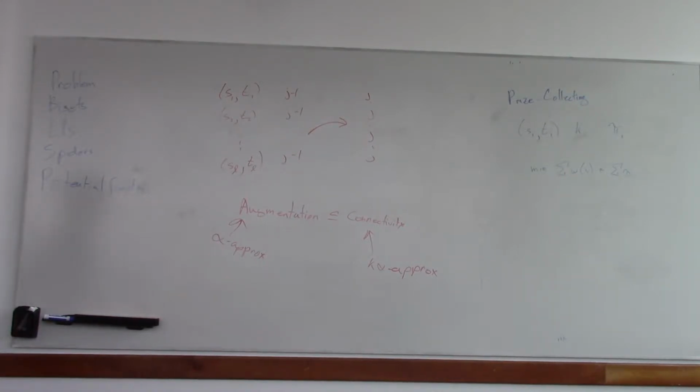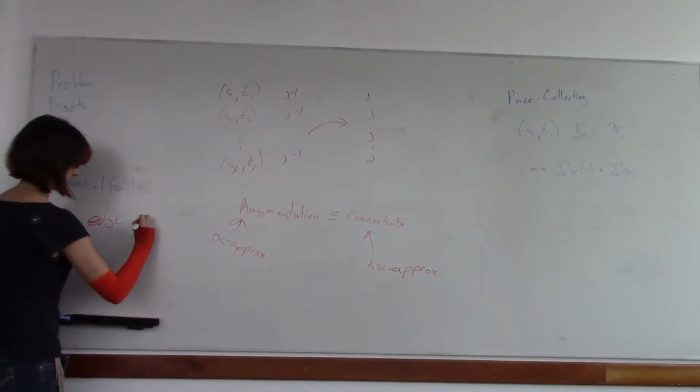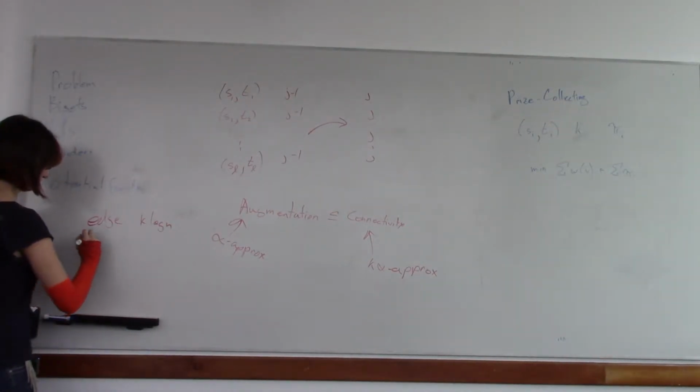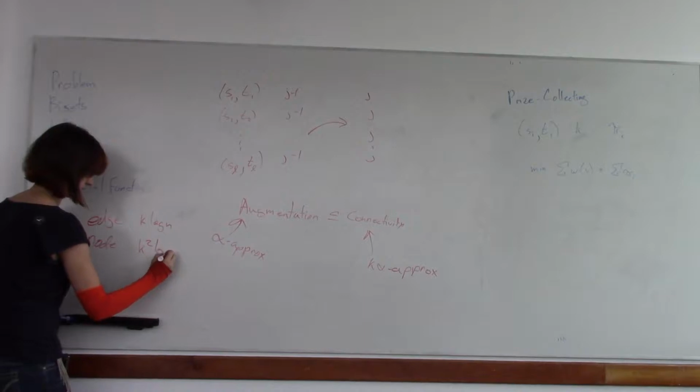The final approximation depends on which of the connectivities you're doing. The edge connectivity one is a k log n approximation. So the edge will be k log n, and the node connectivity one will be k squared log n.